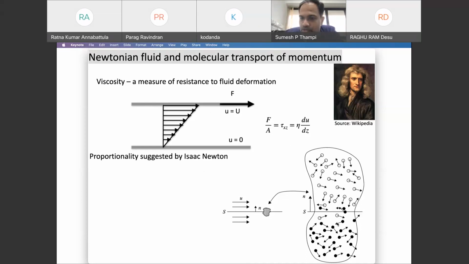And therefore, because of this mixing, where some of the shaded ones go up and some of the open ones go down, there is going to be an exchange of momentum of the fluids from above to below and below to above. In other words, the faster moving molecules can come down, and the slower moving molecules will go up.